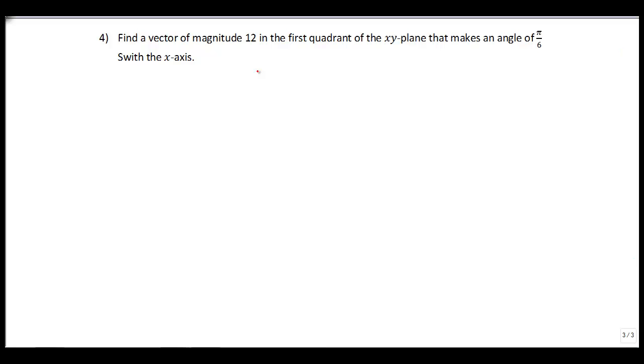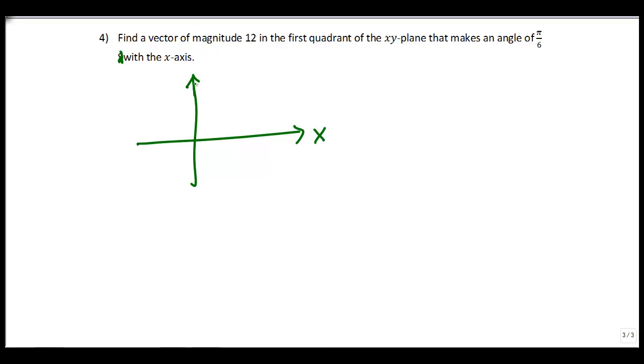So now we want to find a vector of magnitude 12 in the first quadrant of the xy plane that makes an angle of pi over 6 with the x-axis. So what we've got going on here is here's our x-axis. And we say in the xy plane, maybe that's just a 2-coordinate vector.